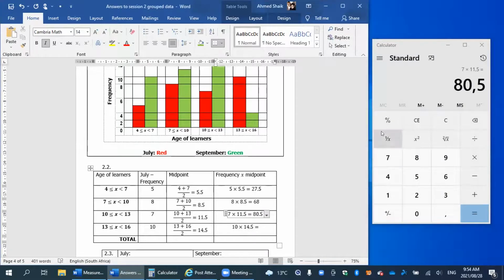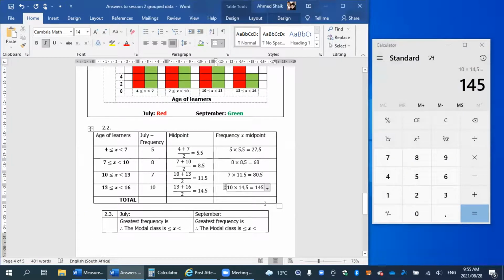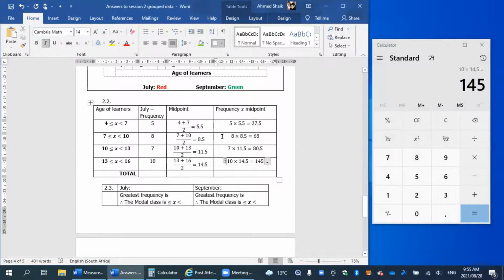And our last calculation there would be 10 times 14,5, which is 145. Okay, and that was it.